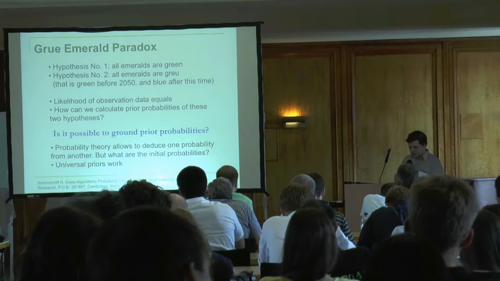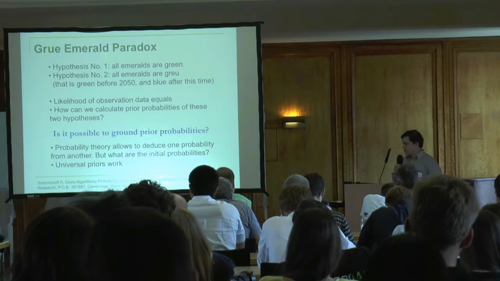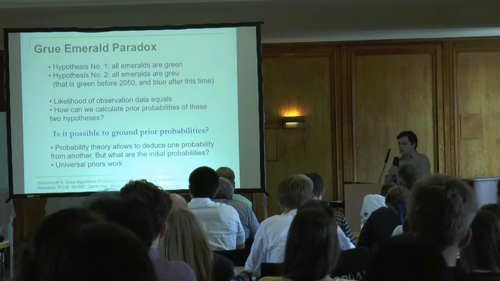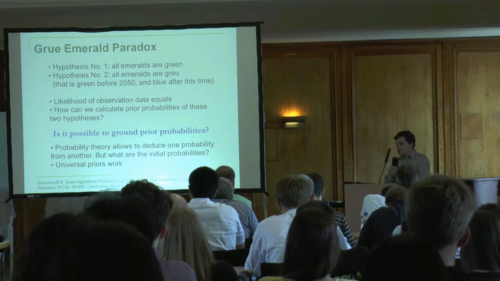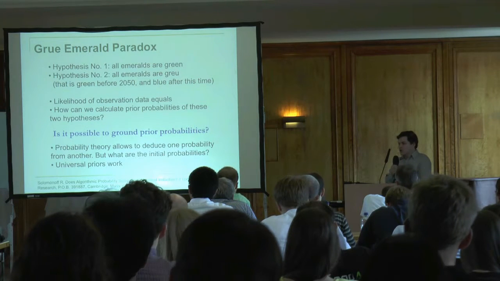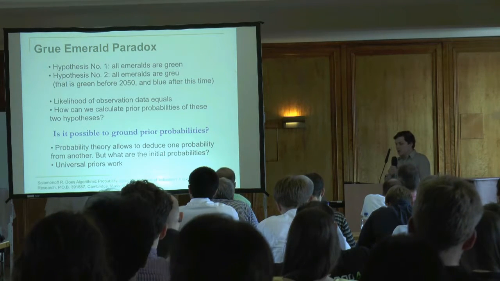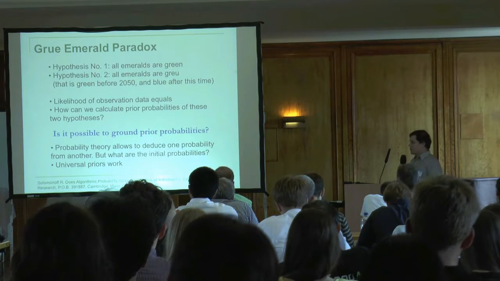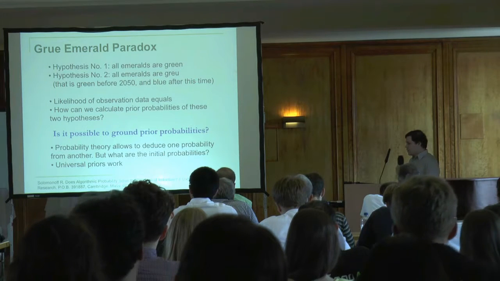For example, there is the well-known grue emerald paradox, which consists in the fact that we cannot distinguish between two hypotheses which are supported by the observation data equivalently.